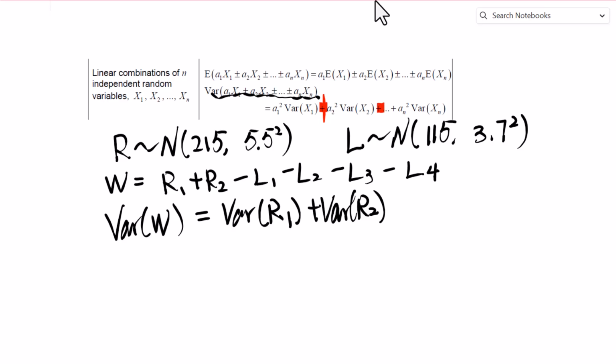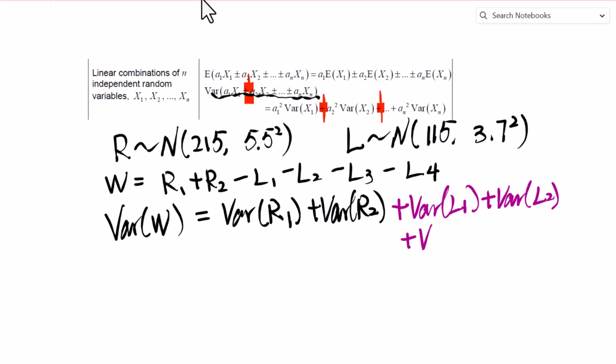We never have a minus for this variance. Even if we have a plus or minus here, we always get the plus. Therefore, plus variance of L1 plus variance of L2 plus variance of L3 plus variance of L4.